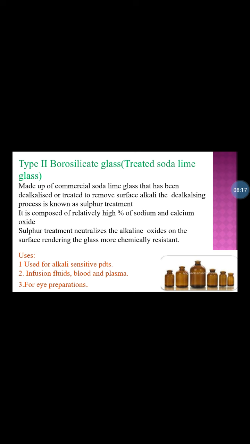It is composed of a relatively high percentage of sodium and calcium oxide. Sulfur treatment neutralizes the alkaline oxide on the surface, rendering the glass more chemically resistant. The uses are for alkali sensitive products, infusion fluids, blood and plasma, and for eye preparations.